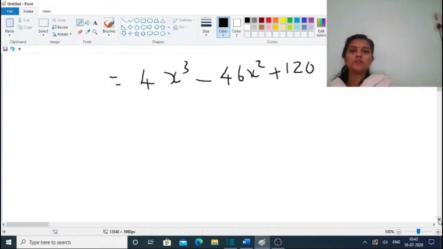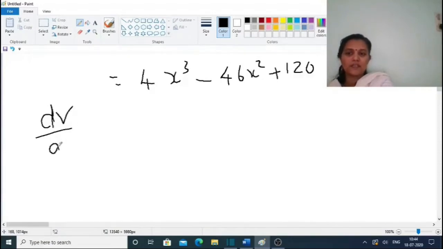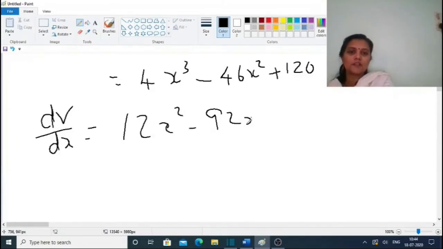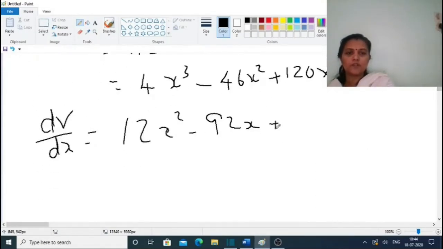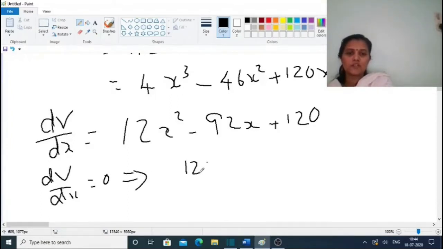Now we have to maximize this volume, so first we have to find dv by dx, which is equal to 12x square minus 92x plus 120. Now dv by dx equal to 0 implies 12x square minus 92x plus 120 equal to 0.